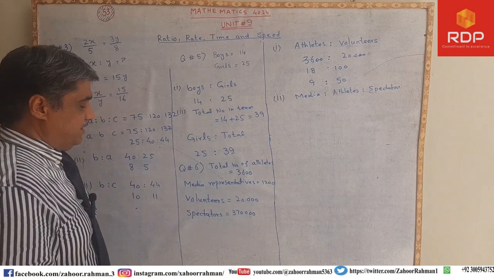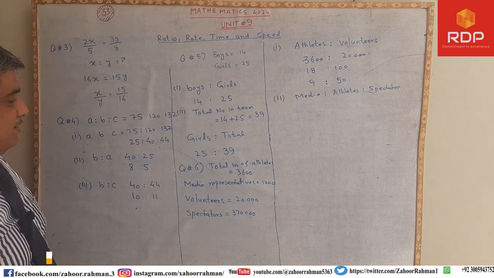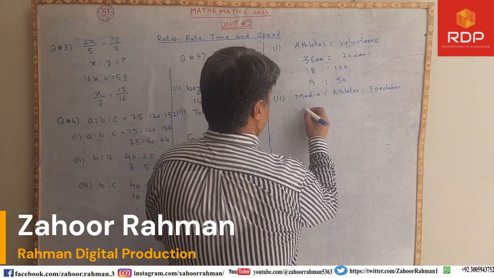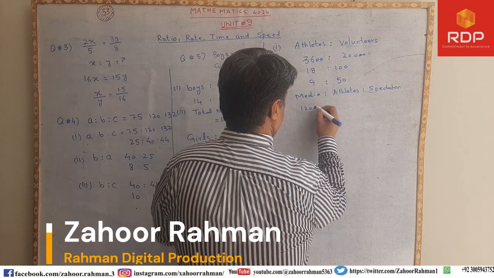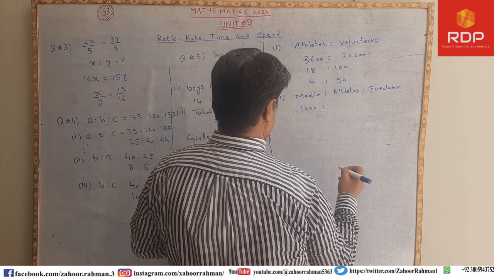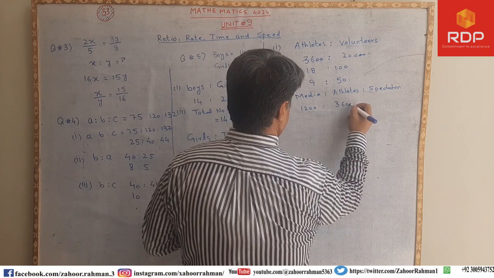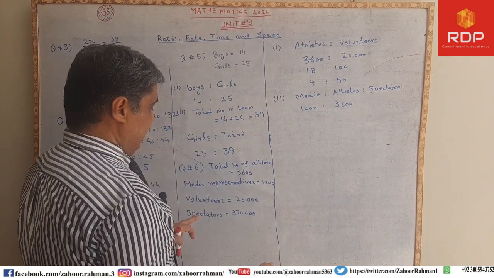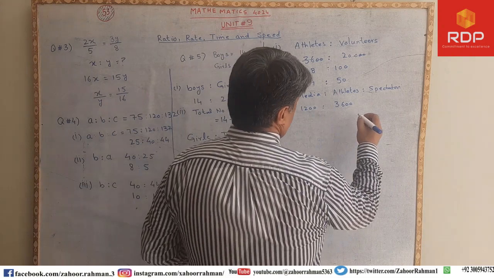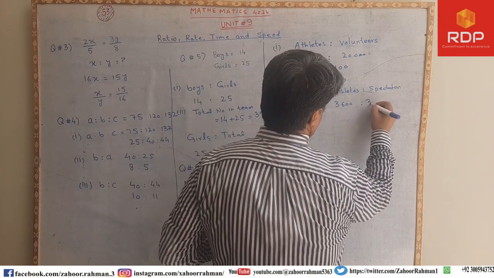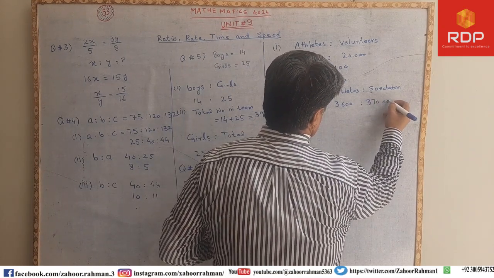We have to put the corresponding values: 1,200, then athletes are 3,600 and spectators 370,000.